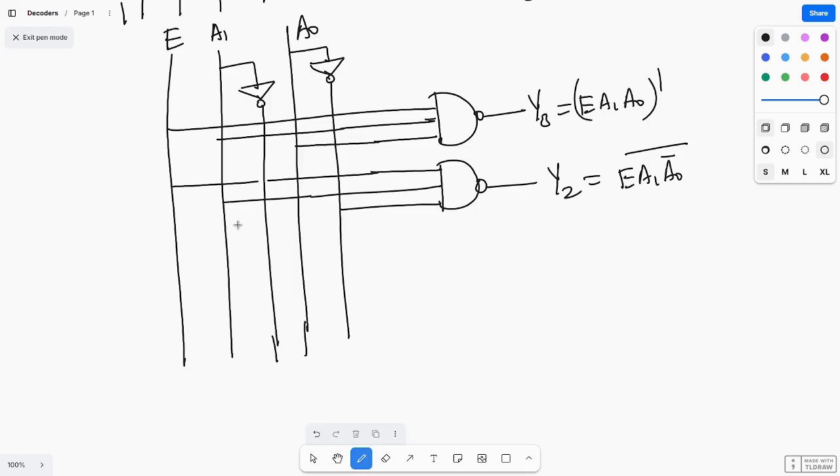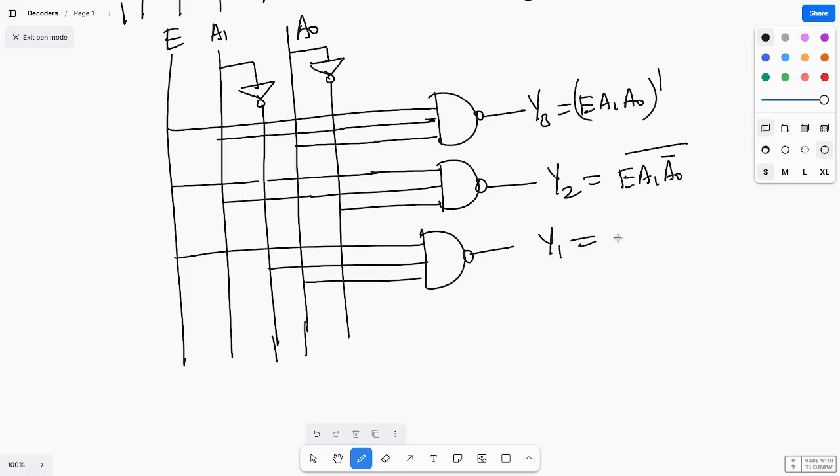And next y1 equals (E A1 bar A0) whole bar. This is y1.